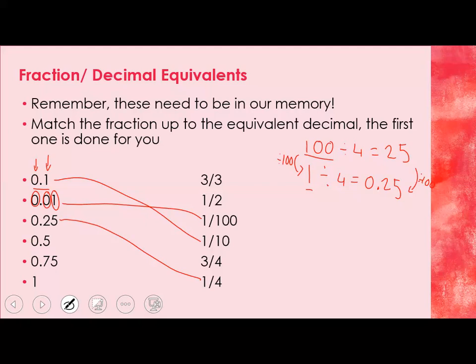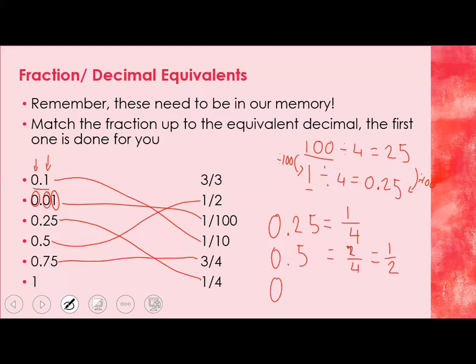So more that I just need to remember, of course, 0.5 is equal to a half. 0.75 is equal to 3/4. Now, another way I can remember that, which is really handy, is if I can remember that 0.25 equals 1/4, then I know that 0.5, which is 2 lots of 0.25, is a half, or 2/4, which is equal to a half, isn't it?